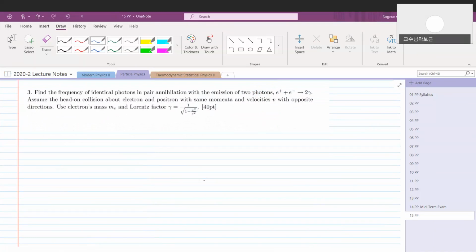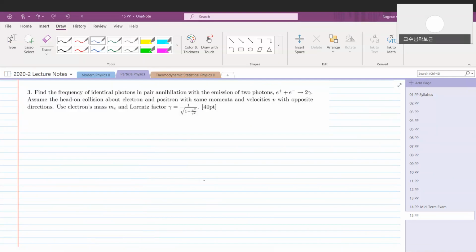So let's read about this. Find the frequency of the identical photons in pair annihilation with the emission of two photons. So here the important thing is it emits two photons. A positron plus an electron produce two photons denoted by gamma.